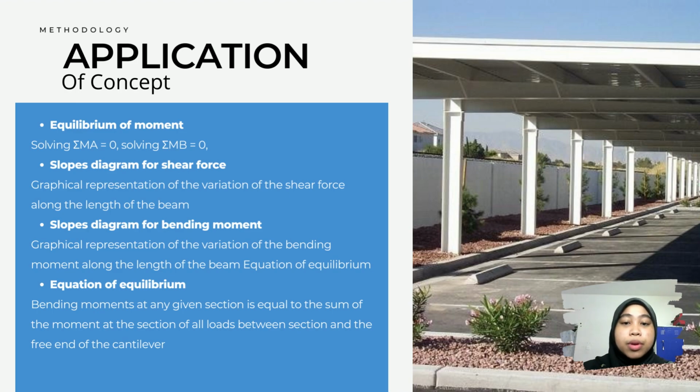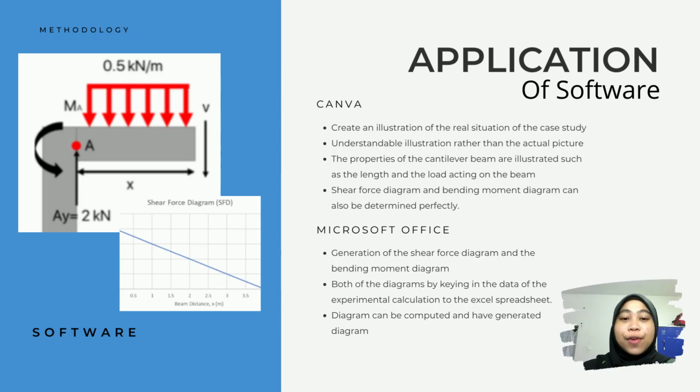The equation of equilibrium sets the external applied load equal to the sum of the internal element forces at all joints of the structural system. The concept of the theory applied in this case study is finding the variation of the shear and moment in the cantilevered beam. Next, the application of software.